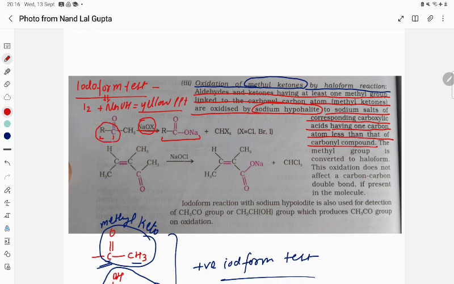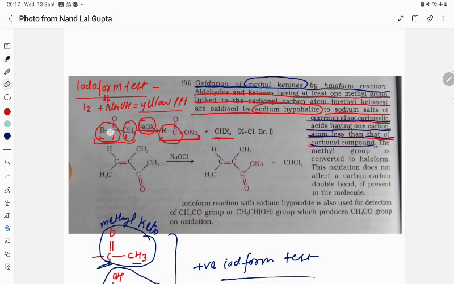So here you see 2, and this is also having 2, but in this one reactant there is a methyl group, this is converting into the haloform. So total carbons here are 3, but it is converting to give a product of 2 carbons, right? So the corresponding carboxylic acid has one carbon atom less than that of the carbonyl compound.